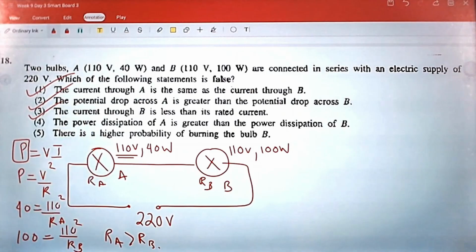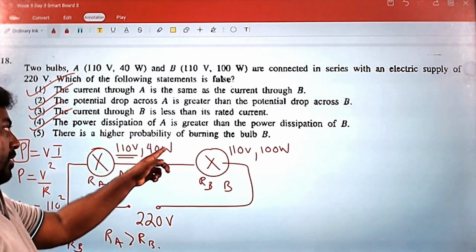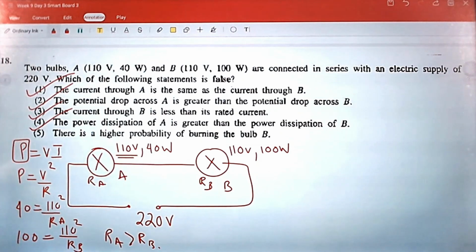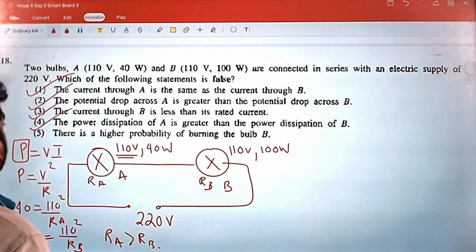Power dissipation in A is greater. Correct, due to larger resistance. There is a higher probability of burning the bulb B. Wrong. The maximum possible current for B is suitable to this supply, so it will not burn out.